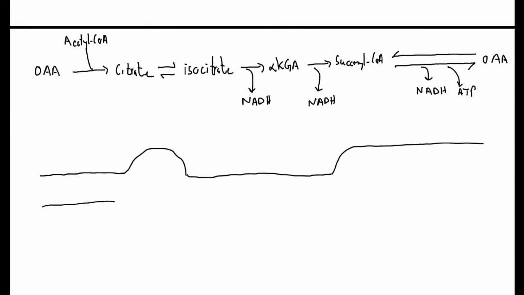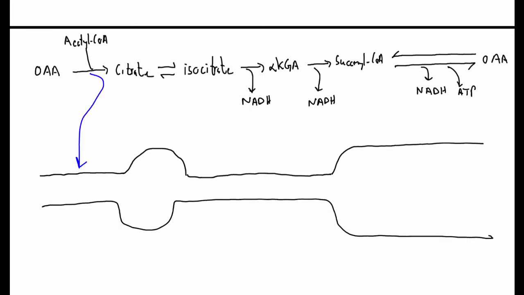Okay, there we go. So this step here would represent this, these two steps here would represent that, and then all of these steps here would be represented there. Okay, and that's what our pathway would look like.